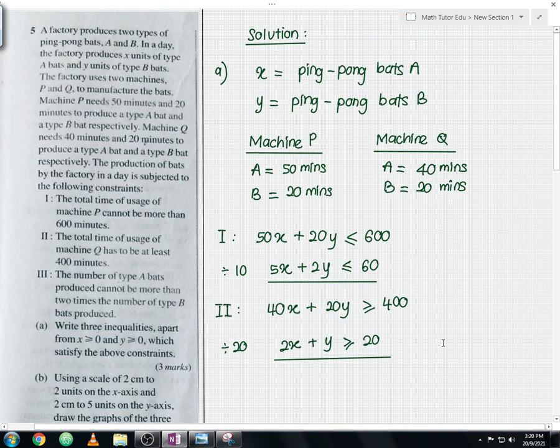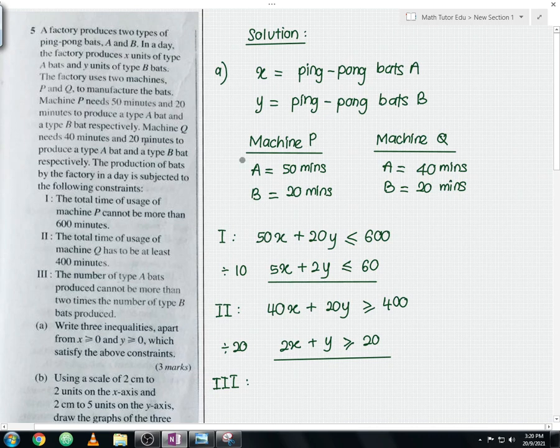From here, let us proceed to constraint 3. Constraint 3 mentioned that the number of type A batches produced cannot be more than 2 times the number of type B batches produced.